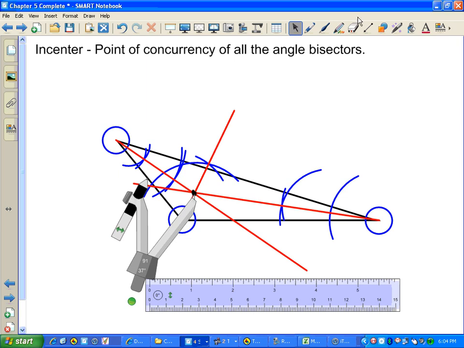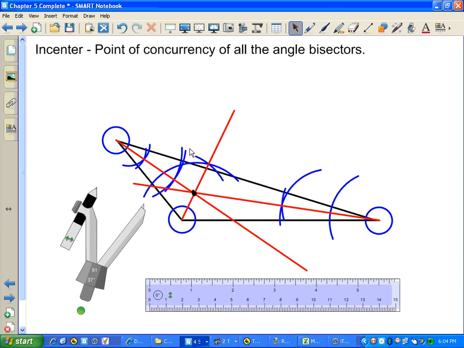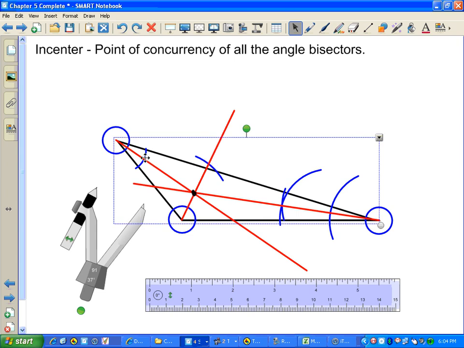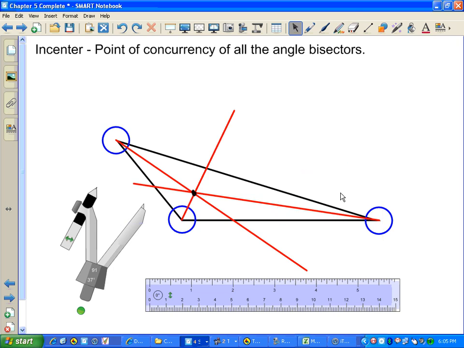So I'm going to need to make perpendicular segments. So I'm going to get rid of some of these blue lines here, just so we can see a little better. Get rid of these circles too.